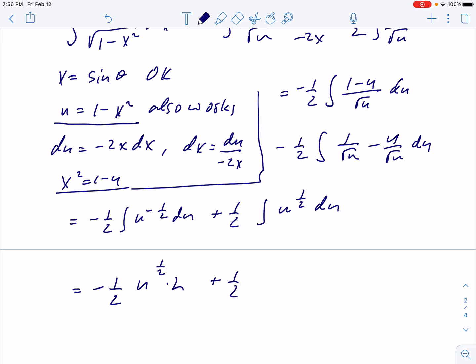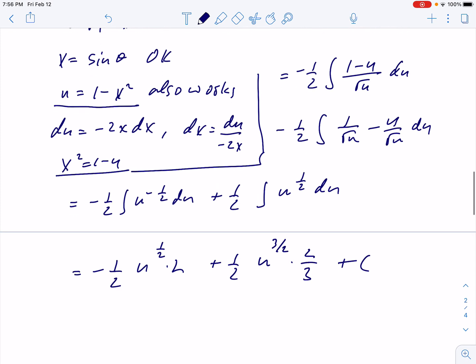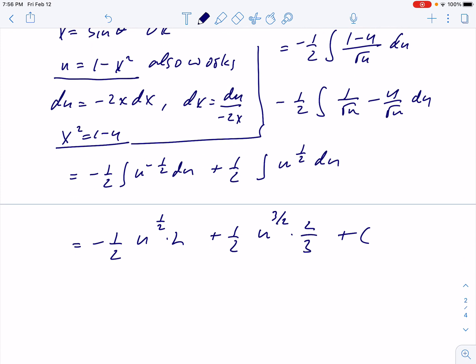Here with the second term, 1/2, u to the power 3/2, adding 1, multiply by 2/3, and plus c. Integration is done. Now we simplify. We can reduce by 2, so this is root of u here, plus 1/3, again reduced by 2, and this will be u to the 3/2 plus c.